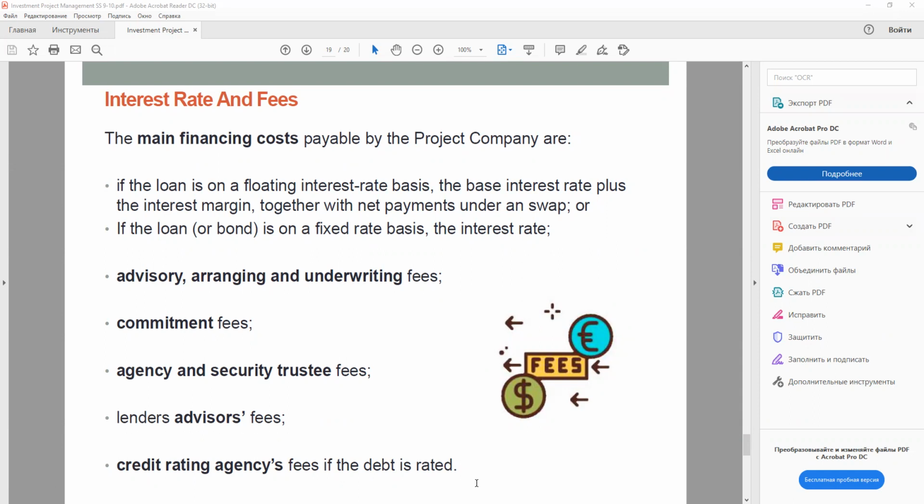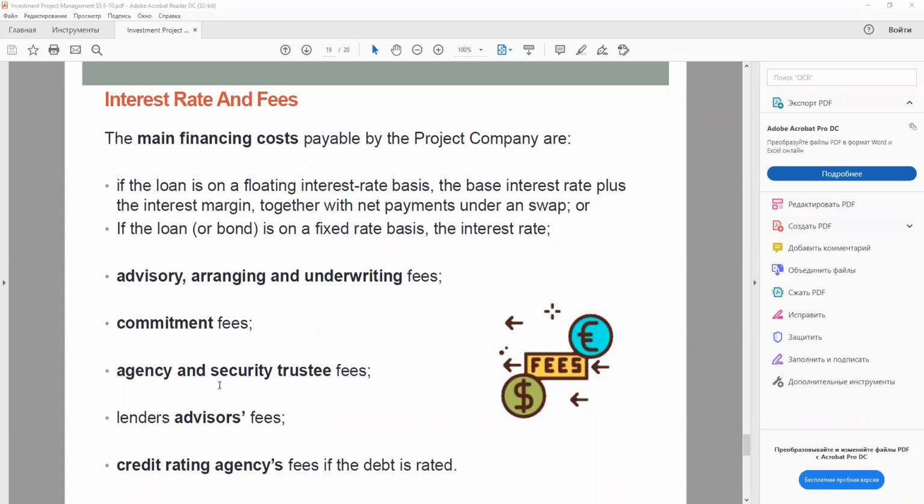Okay, let's move on. What about interest rate and associated fees? The main financing costs payable by the project company are, if a loan is on a floating interest rate basis, the base interest rate, previously it was LIBOR, plus the interest margin, together with net payments under interest rate swaps.